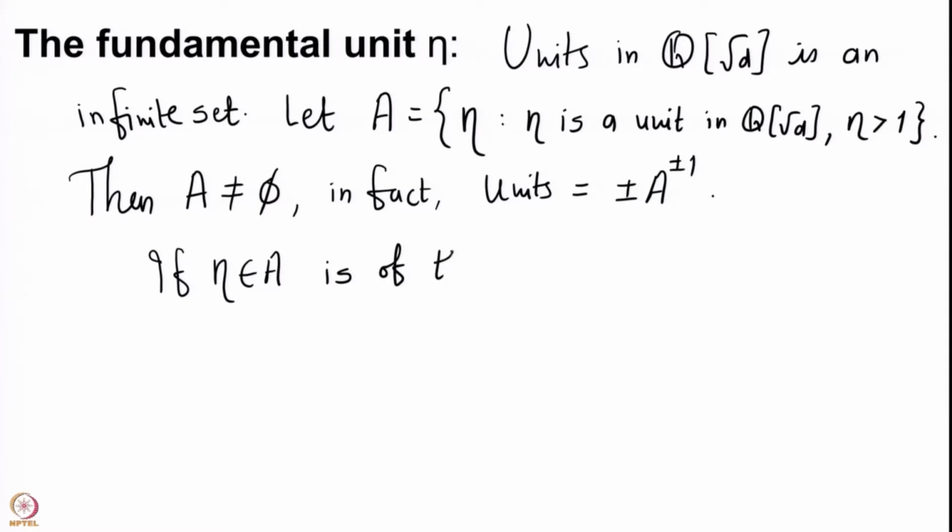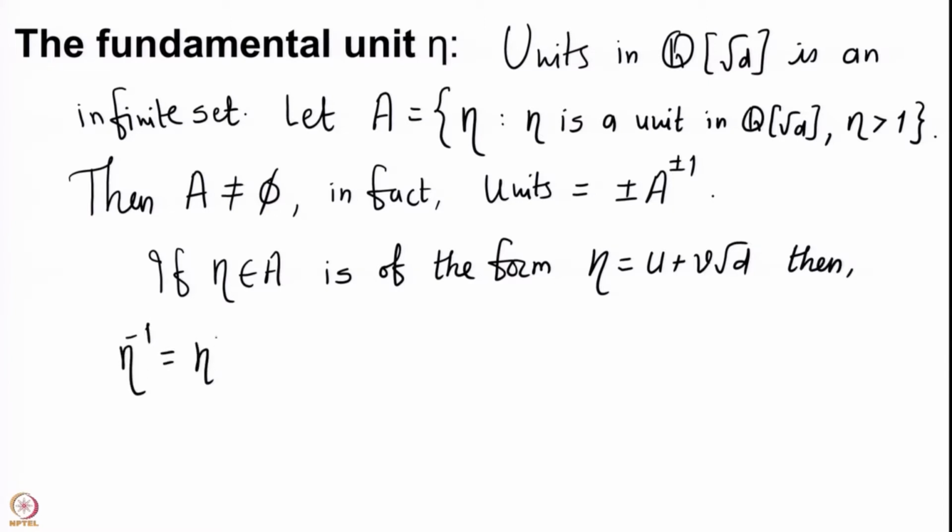If eta is equal to u plus v root D, then eta inverse is eta conjugate, because norm of a unit is 1, and the conjugate is u minus v root D. Now eta is bigger than 1, so its inverse is less than 1.